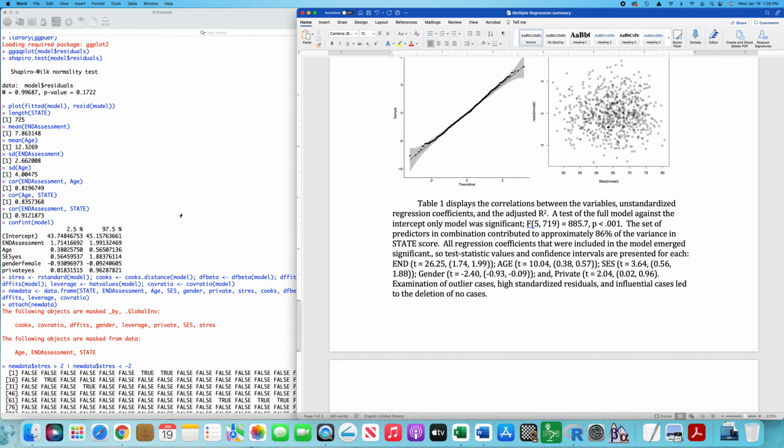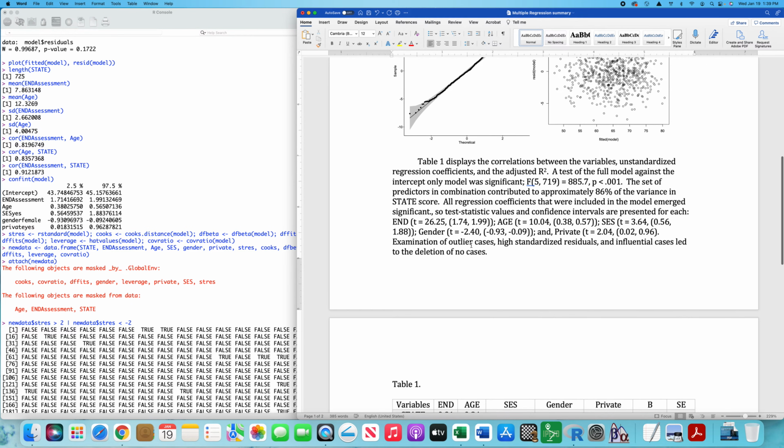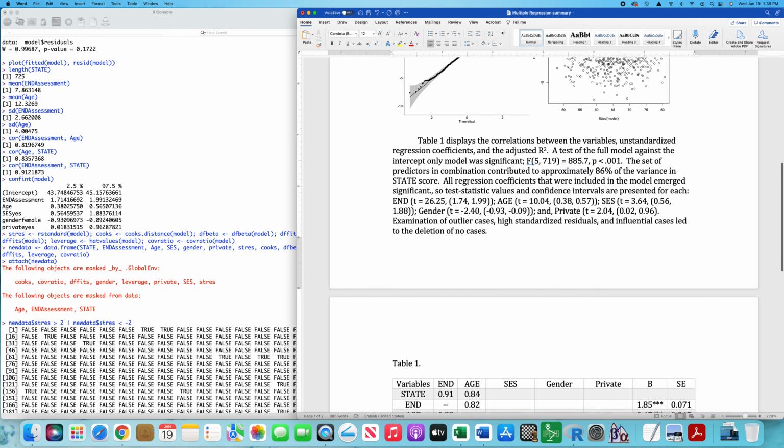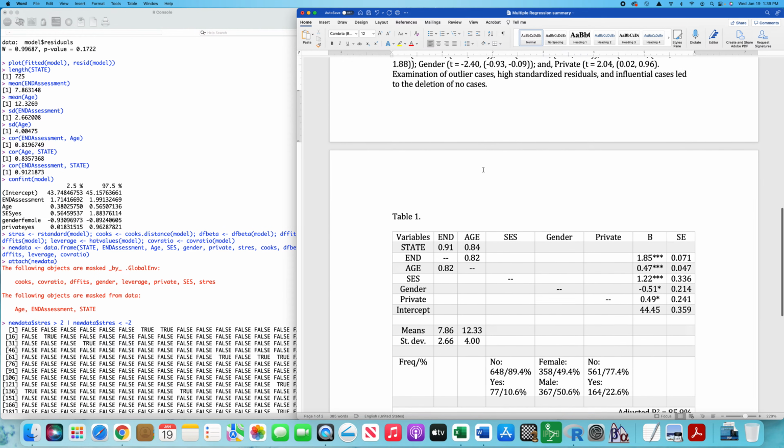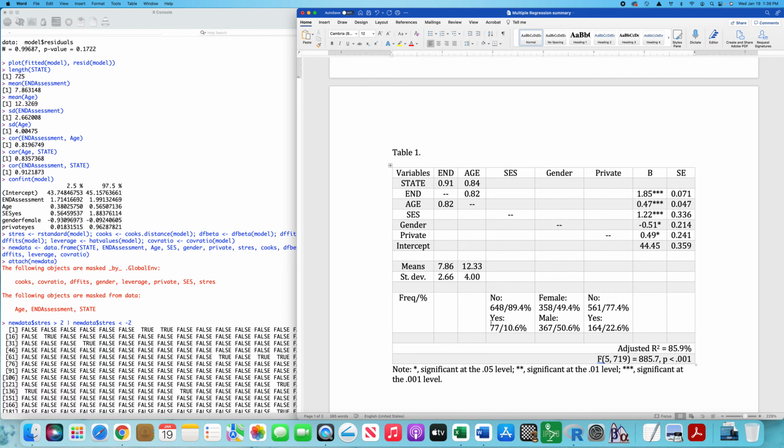Now, the next thing I get into is I want to provide the results from the model. There are so many different ways to do this. This is typically the way I do it. I like everything in one table.